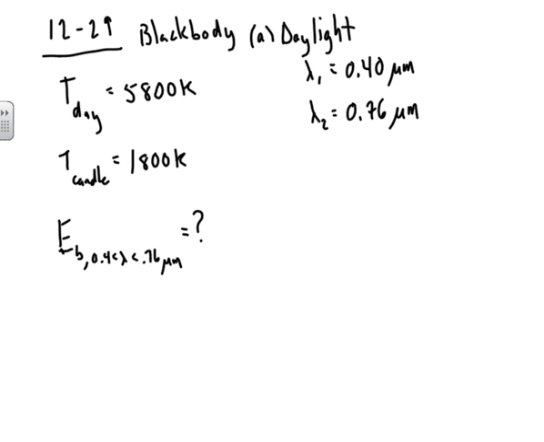So we know that we could find our fractional emittance. We have this symbol lowercase f, which is just equal to the emittance at the particular wavelength, from, let's say, 0 to lambda 1.